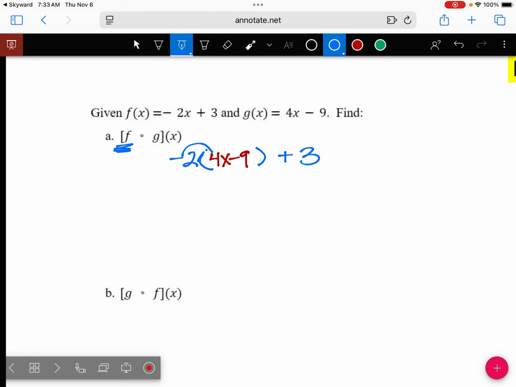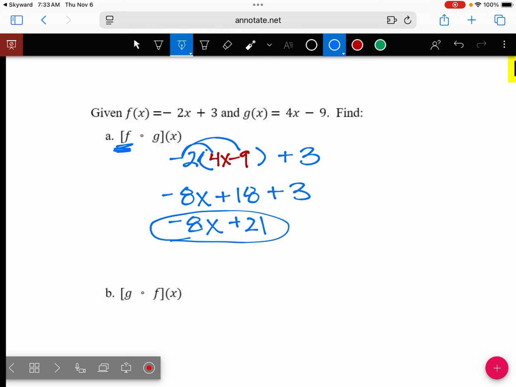So negative 2 times 4 is negative 8x. Negative 2 times negative 9 is positive 18. Bring down the 3. All right, use your calculator. Go ahead and add the 18 and the 3 together. And you should get 21.